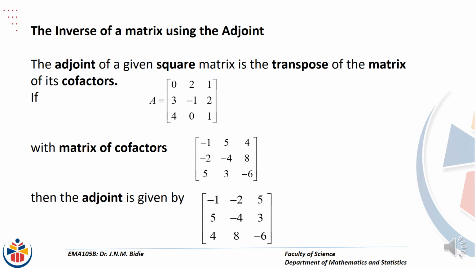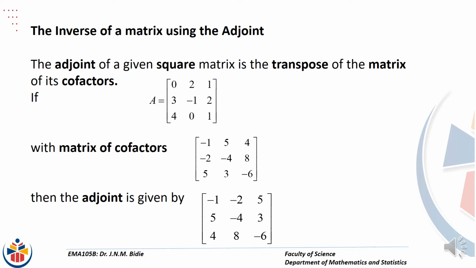the cofactors using the formula (-1) to the power i plus j times Mij for the corresponding cofactor to a particular minor, and then formulate the matrix of cofactors, and then thereafter find the adjoint.